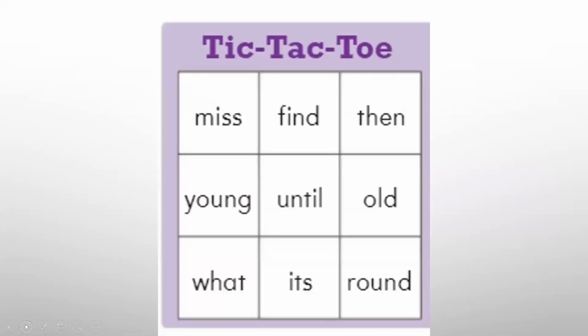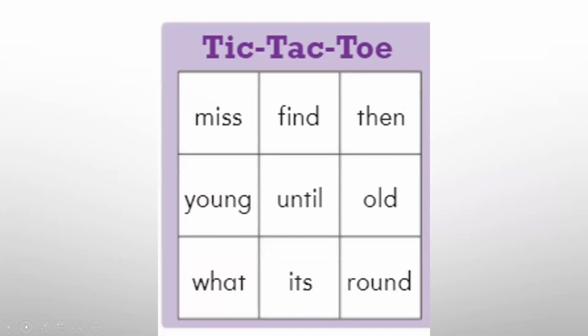So what the game is, it's tic-tac-toe. And so you make a board like this, and I've taught my students to do 2 lines down and 2 lines across. And then you guys are going to mix up your high frequency words. This is just an example. Please do not do this as your board. Do yours differently. And then when we're done, I'm going to call out the word.